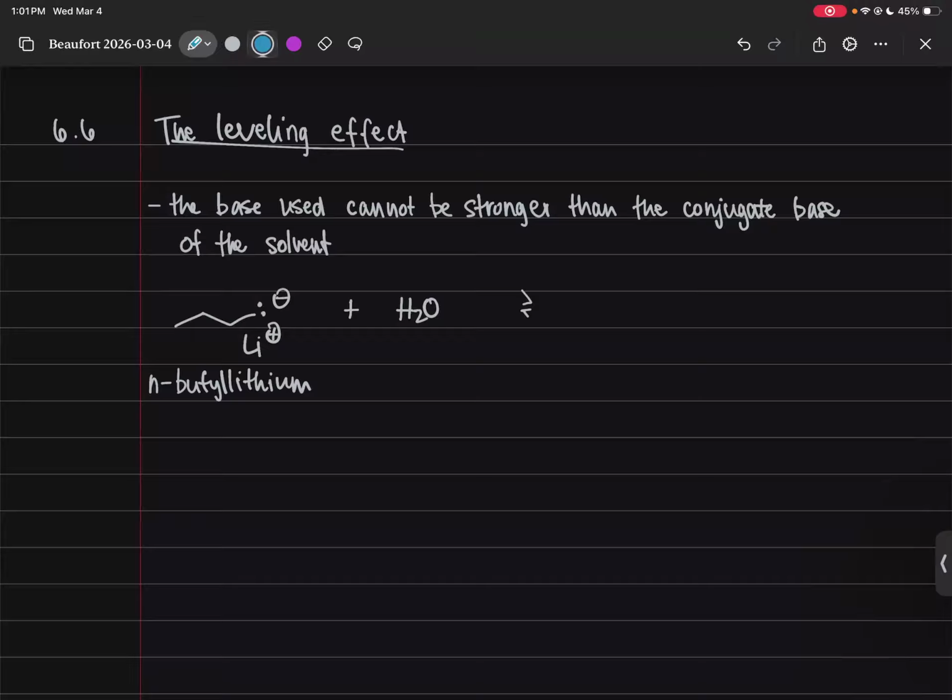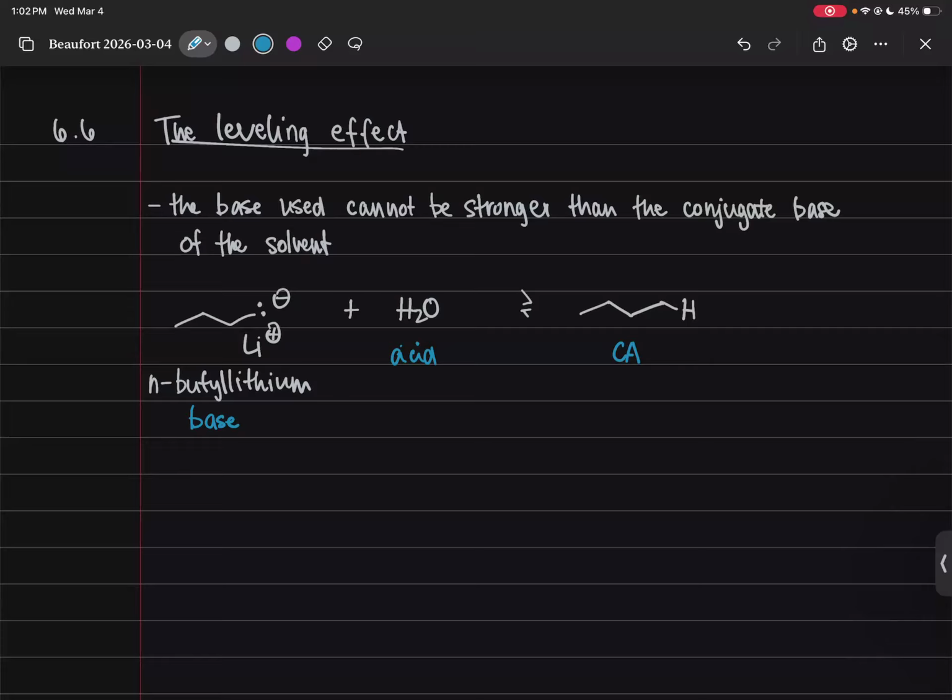So, all right, this is our base. Water will act as our acid. Butane is our conjugate acid because we get that four-carbon chain with the lone pair and the negative charge. That's our proton acceptor.